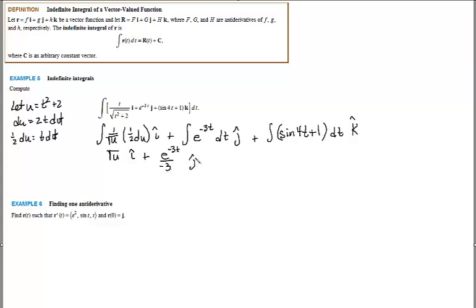Oh, and they need their little plus c's, so let me write plus c1 here. Let me write plus c2, because each of these constants is in a particular direction. And for that one it's going to be negative 1/4 cosine 4t plus t plus some c3 in the k hat direction.